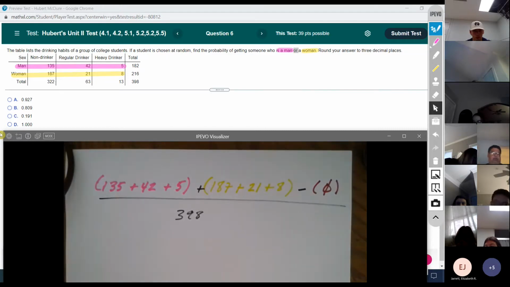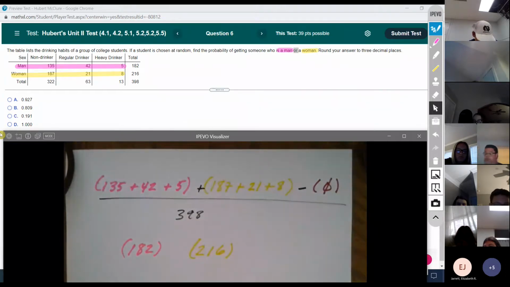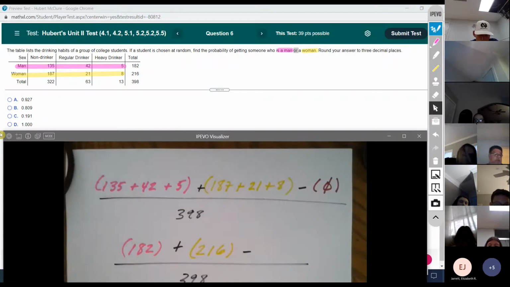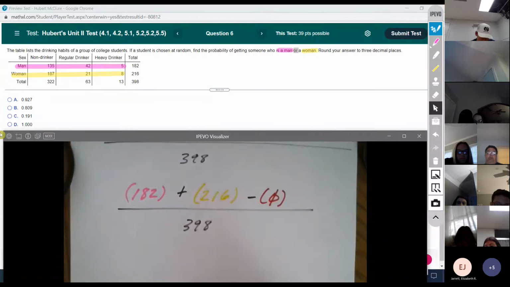And of course, if you read your table correctly, you see that you've got 182 in the pink plus 216 in the yellow, and you're subtracting no overlap. So 216 is 398.